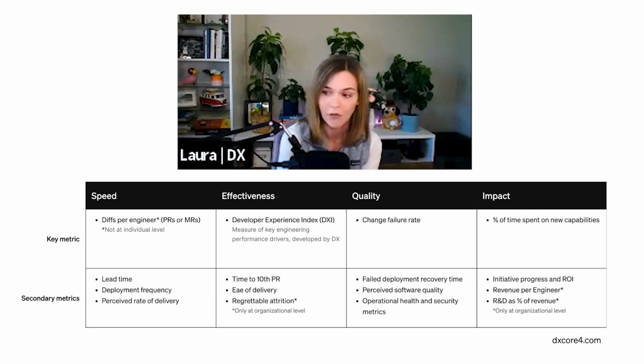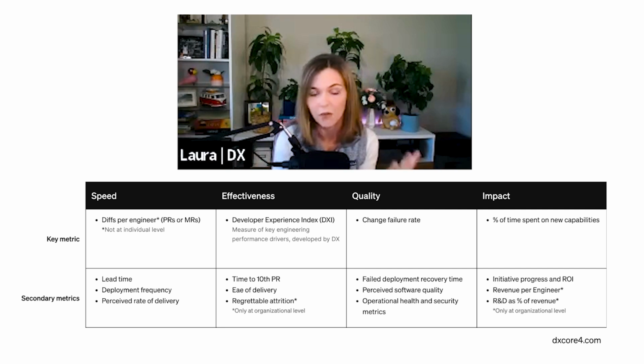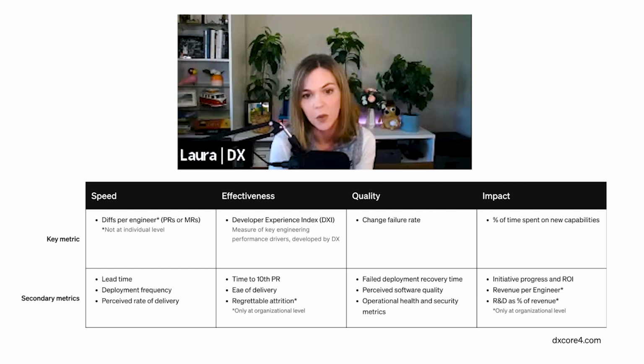And what we're advocating for is that speed, effectiveness, quality, and impact are the 4 pillars of a really comprehensive and rigorous metrics program that's still simple enough to bring to every level of the business and to be easily understood. So Core 4 basically takes together DORA, Space, DevEx, looks at all the metrics that are out there and just puts it together in a simple unified framework that you can start using pretty much off the shelf and feel confident that you have what you need, what matters most when you walk into conversations about engineering productivity metrics.